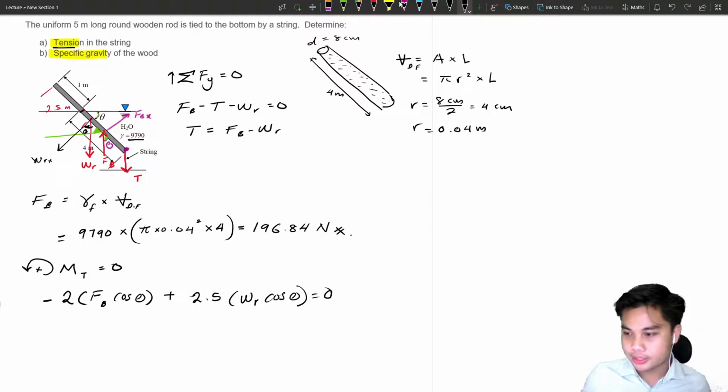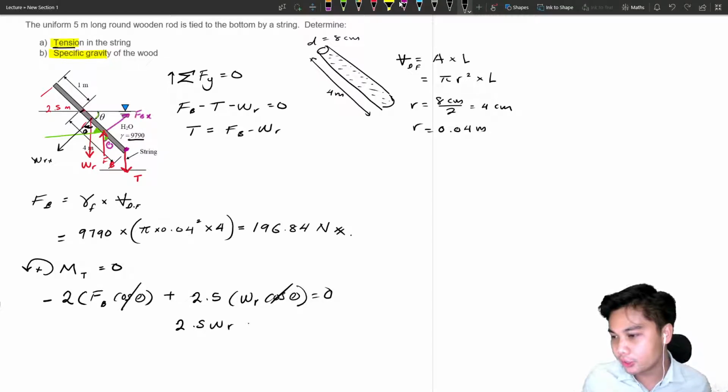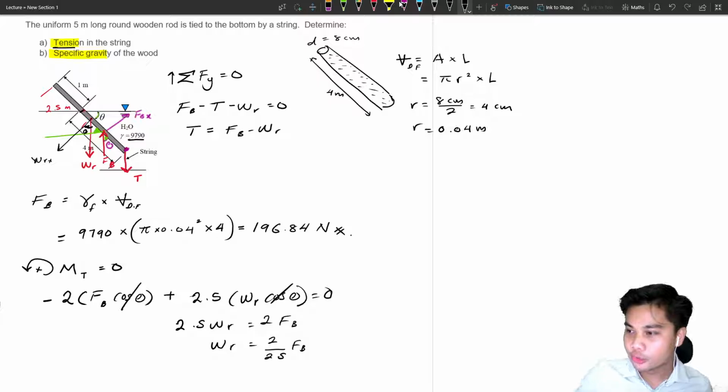So what you found here, you cancel cos with cos, and you will get 2.5 WR equal to 2FB. So WR equal to 2 over 2.5 FB. So in order to get this tension force, the FB minus WR, which is 2 over 2.5 FB.